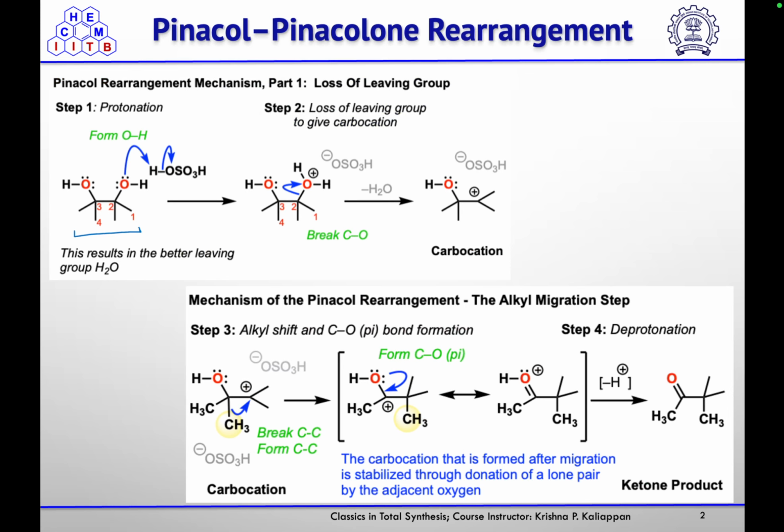Based on the migratory aptitude, one of the groups will migrate, and then the positive charge will come on the carbon next to the one attached to oxygen. The oxygen can form a pi bond and stabilize this positive charge on that carbon. After the loss of a proton from that oxygen, you get the pinacolone, that is, the ketone product. So we are converting a diol to a rearranged ketone by treating it with acid. This is the pinacol-pinacolone rearrangement reaction.